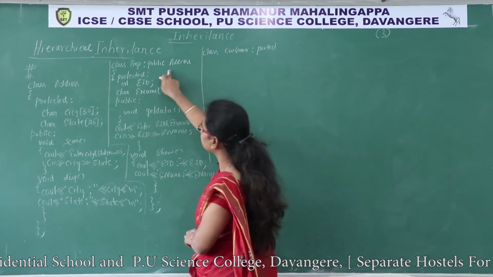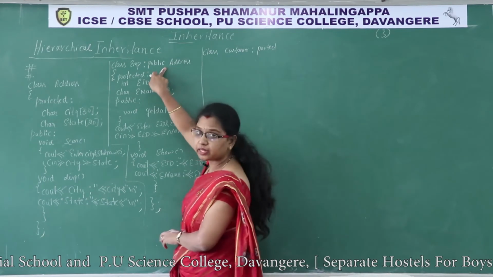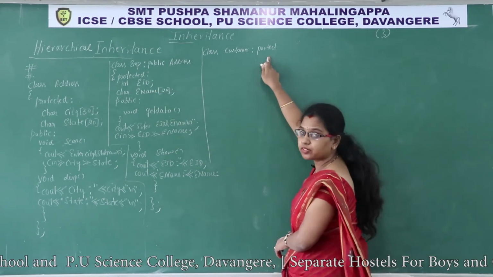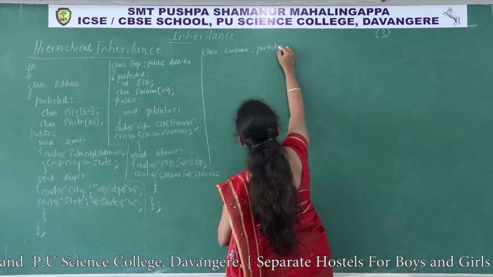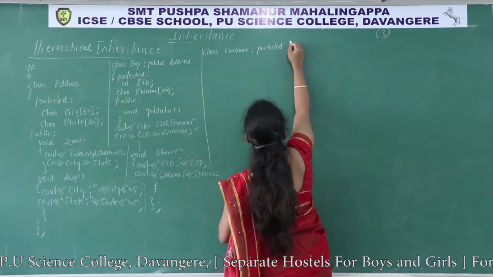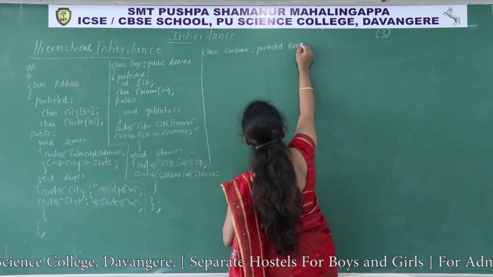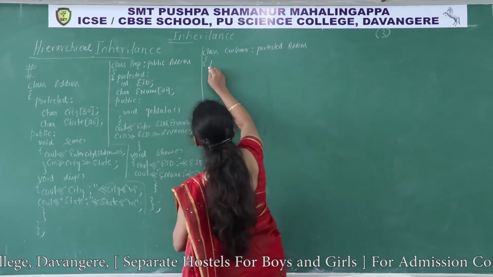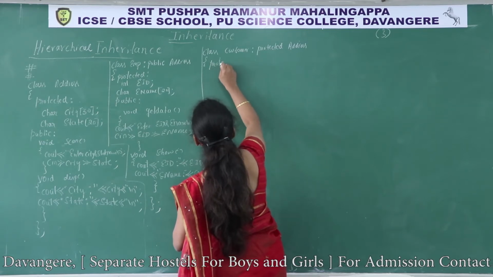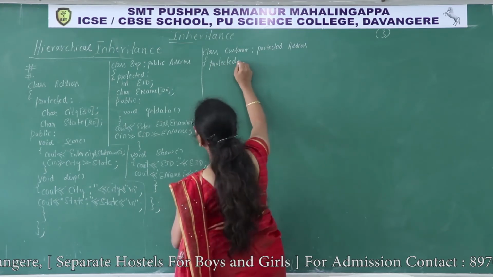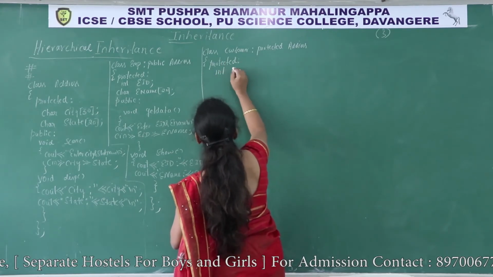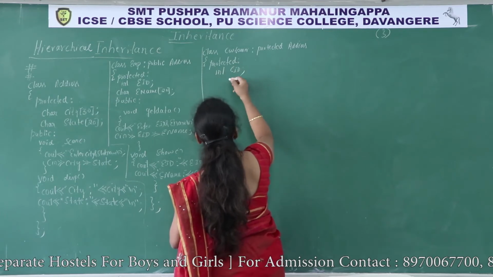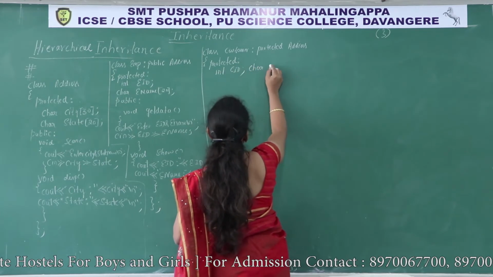You need to observe, this is public mode of inheritance and this is protected mode of inheritance. Address. Here in the protected section, int customer ID, char customer name.